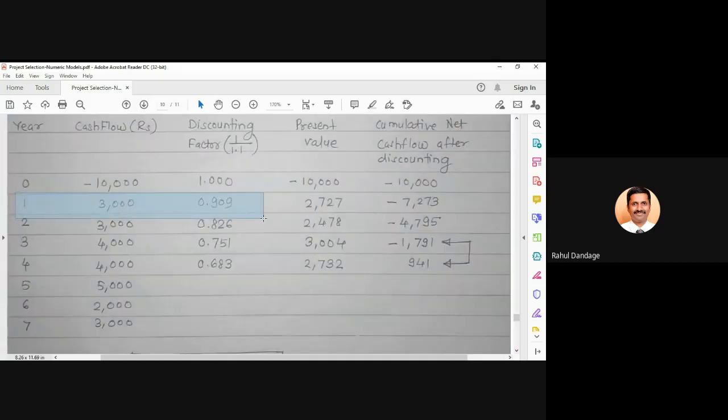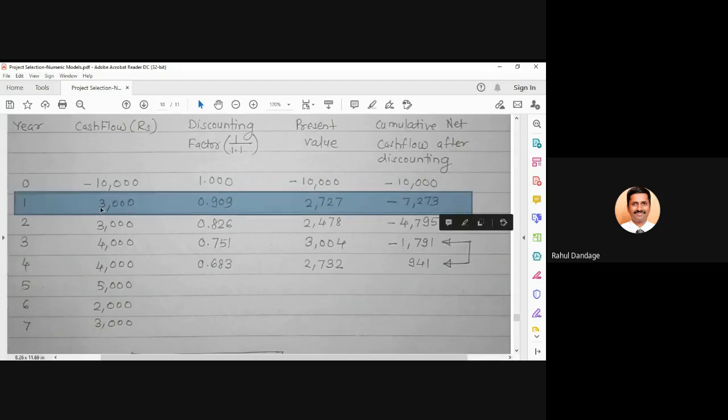In row number 2, this 3000 is given as it is. How has this 0.909 come? Either we can have 1 divided by 1.1 bracket raised to 1 because it is the first year, or this 1 divided by 1.1. So every previous value in the discounting factor column should be multiplied with 1 divided by 1.1.